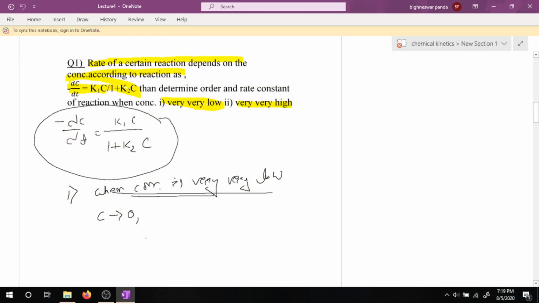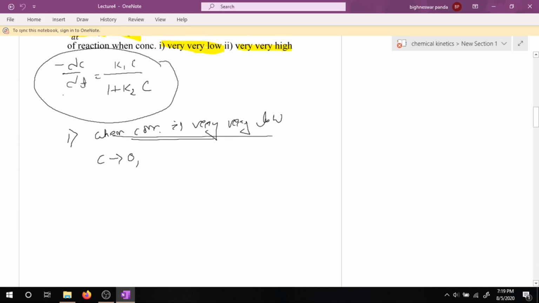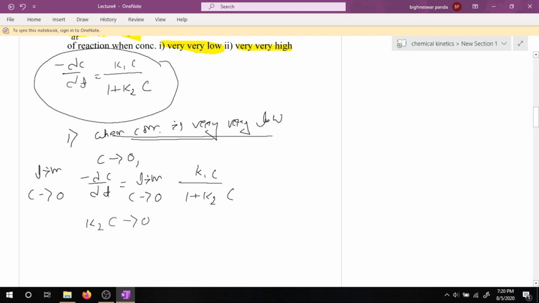So I can simply write limit C tends to 0 of minus dC by dt equal to limit C tends to 0 of k1 C divided by 1 plus k2 C. As C tends to 0, k2 C tends to 0 and 1 plus k2 C is approximately equal to 1.